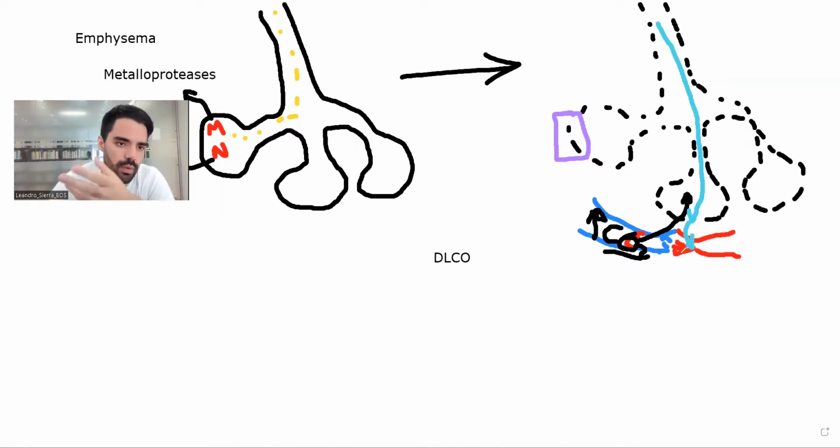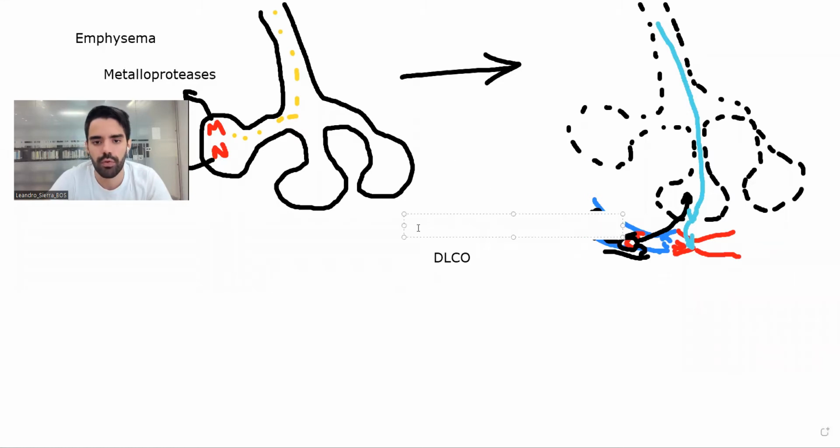So it's the same thing, the same outcome, but by different mechanisms, right? So we will have a hypercapnia, we will have a hypoxia, we will have a hypoxemia, just as in chronic bronchitis, right? So you remember the gas diffusion and air trapping.